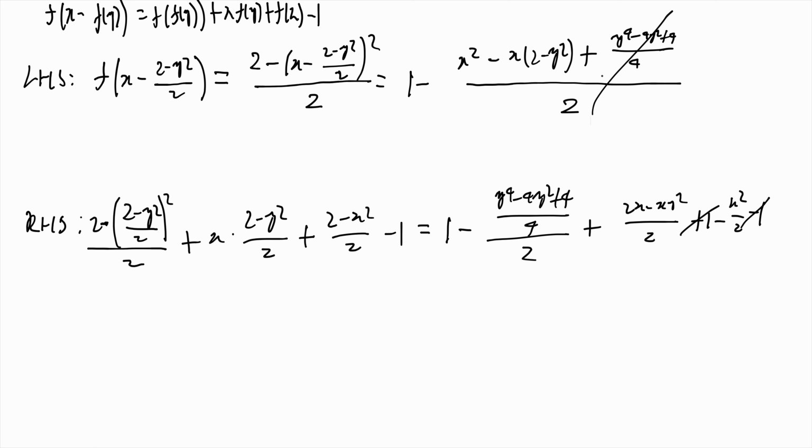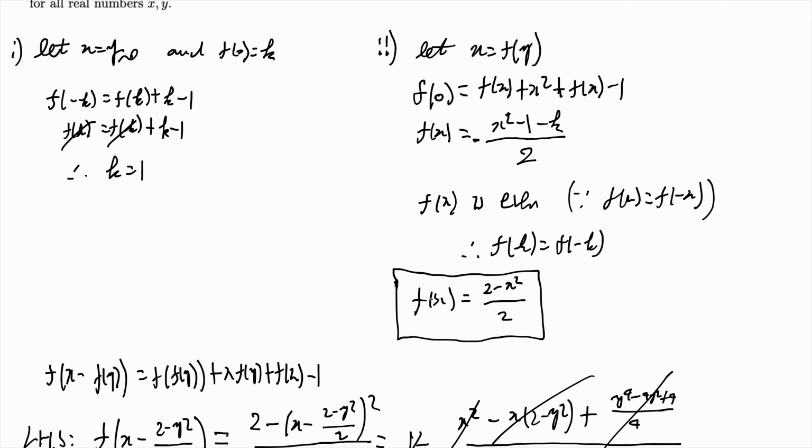We can cancel this term. We can also cancel 2x. So this is positive, negative. So this one and this one, this one and this one, this one and this one. Oh, so indeed they are equal to each other.